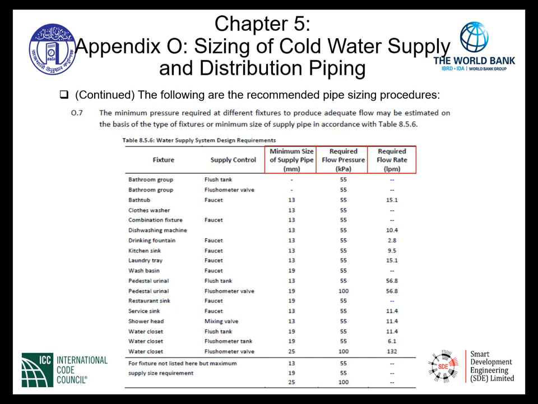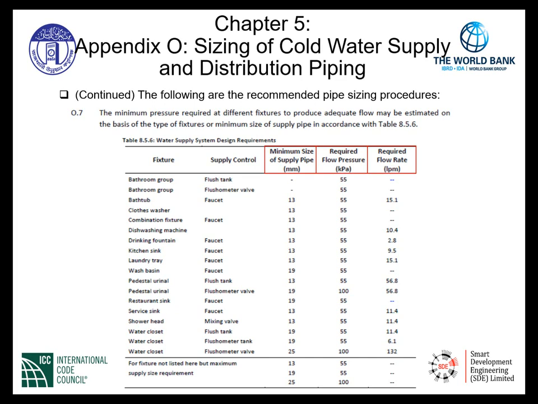The third column gives us the minimum size of the supply pipe in millimeters. As an example, a kitchen sink. A kitchen sink is indicated as the fixture. The supply control is a faucet. The minimum pipe supply must be not less than 13 millimeters. The fourth column gives us the required flow pressure in kPa.